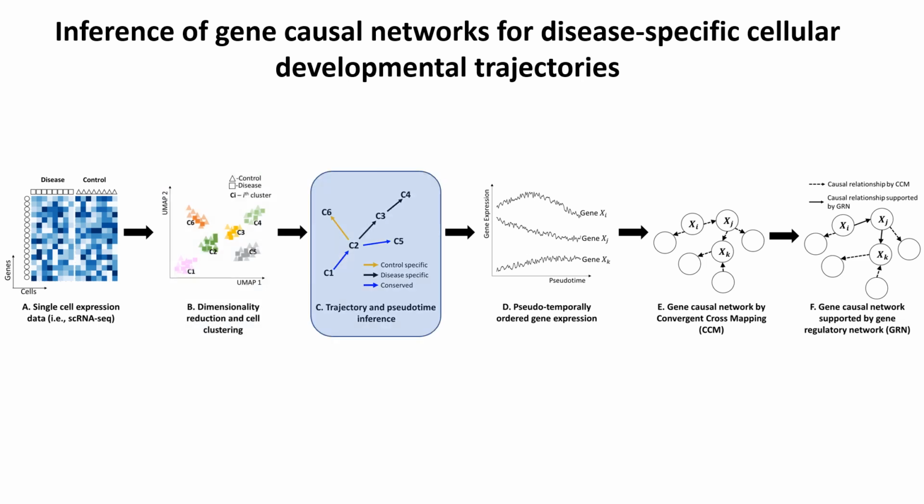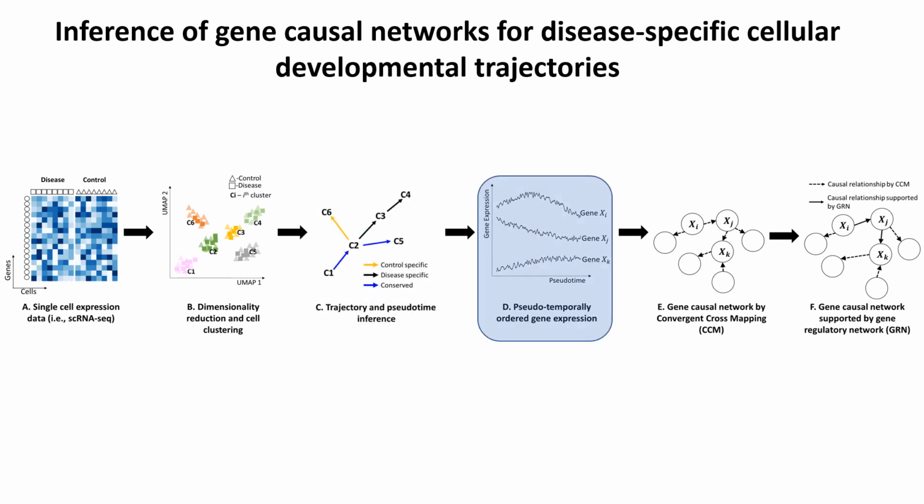Then we infer trajectories for control and disease samples separately and align them on top of each other to identify control-specific, disease-specific, and conserved developmental paths. By doing that, we can obtain pseudotemporally ordered gene expression for different genes.